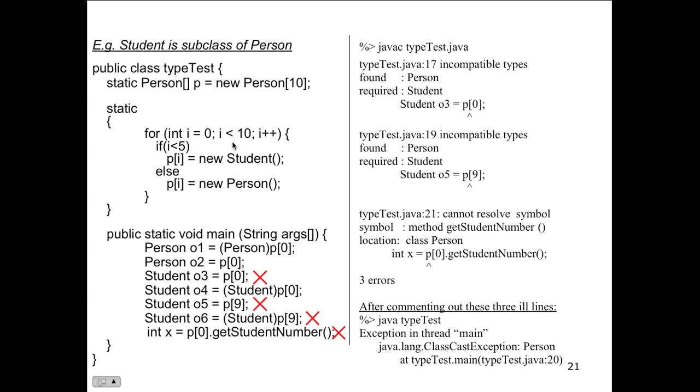Then we have a little loop, for I is equal to 0, I is less than 10, I plus plus, go through here and populate the array with new students, 0 through 10. Notice I just created new objects of students, and we have new person. And then out here, in terms of another implementation, we're going to cast it.